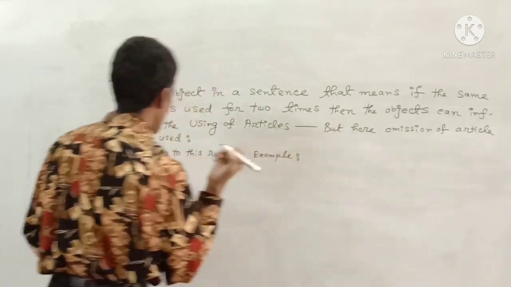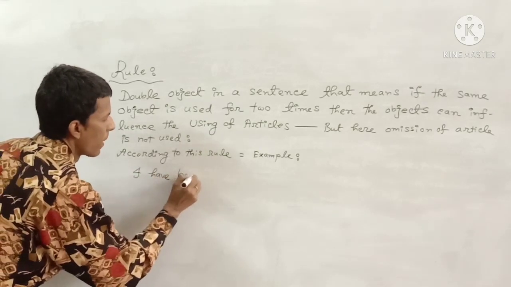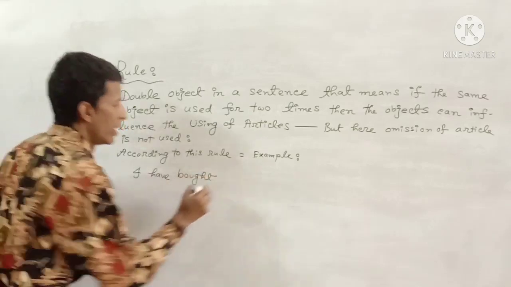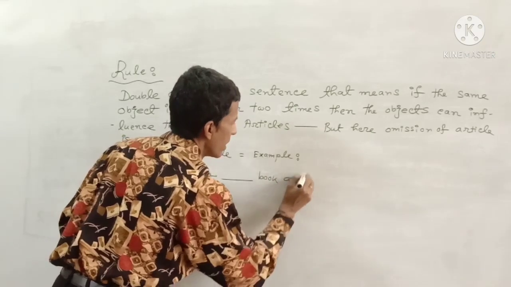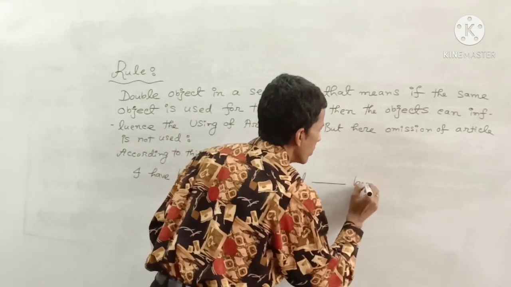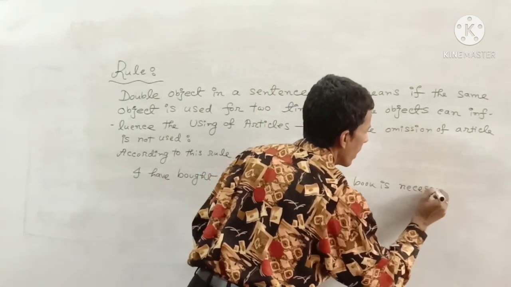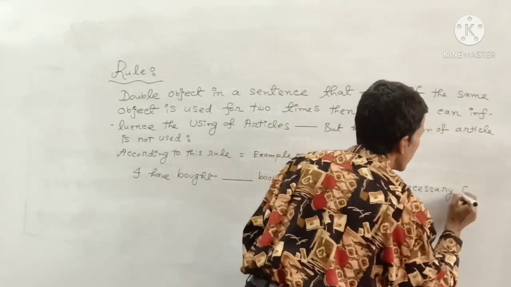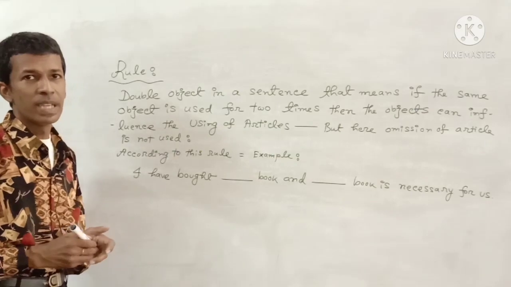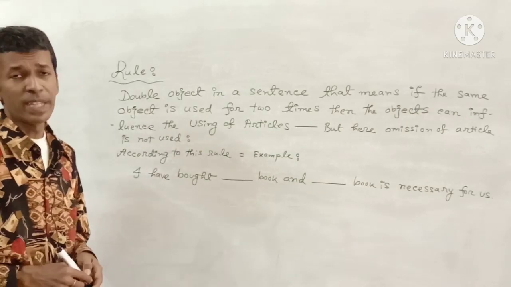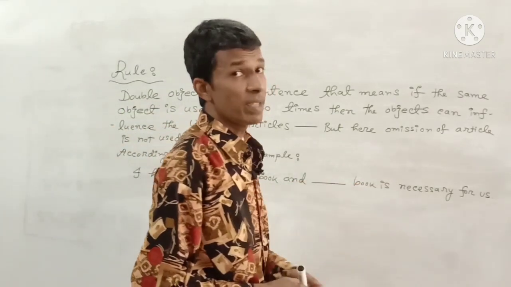I have bought dash book and dash book is necessary for us. This is called repetition of object. These kinds of objects easily influence the using of articles.